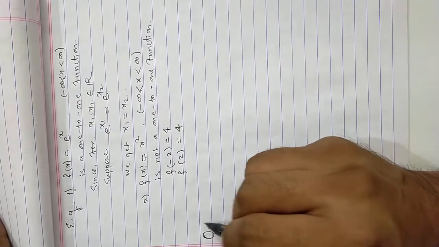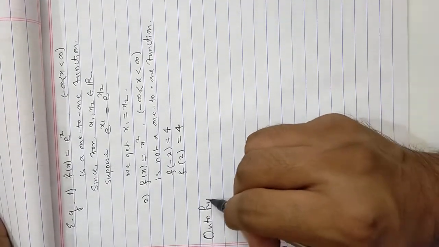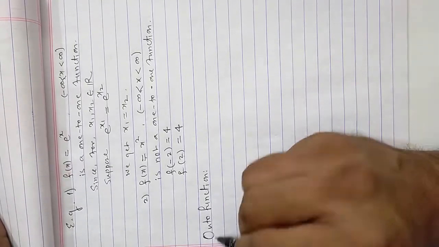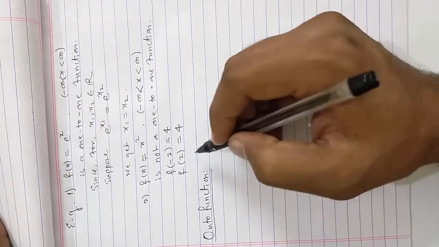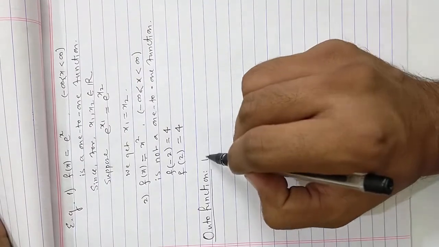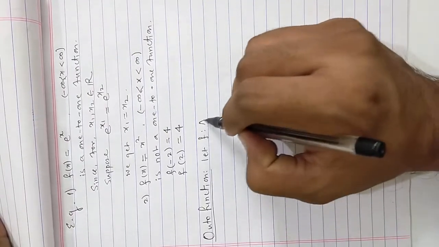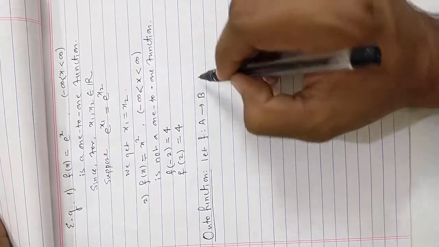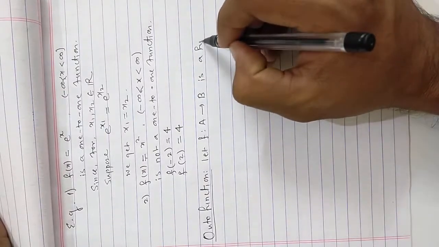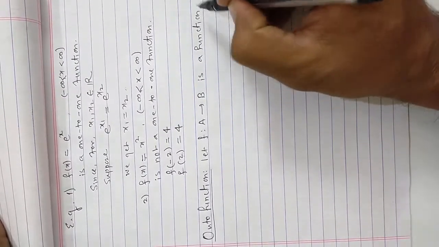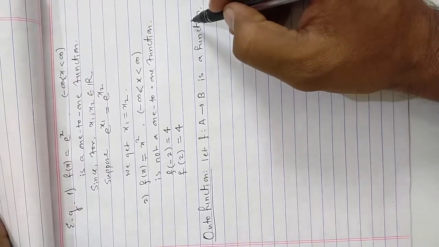The next definition is onto function. Let f from A to B be a function. And how to say that function f is onto?